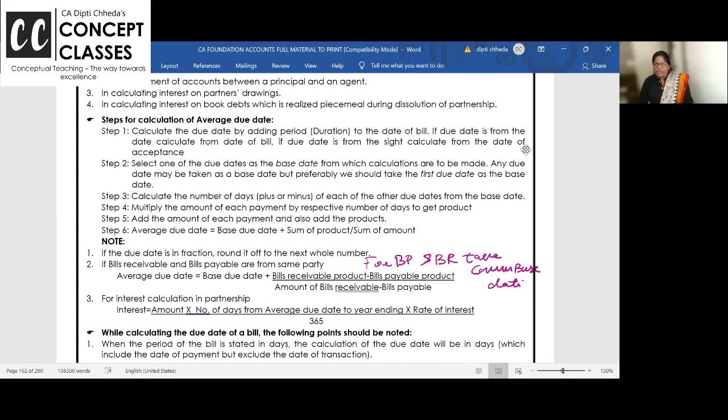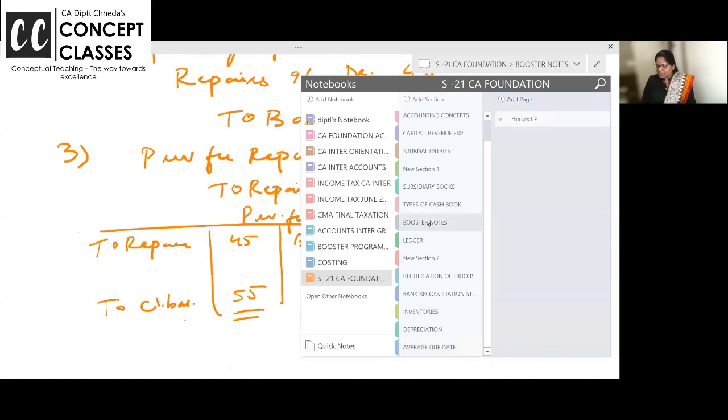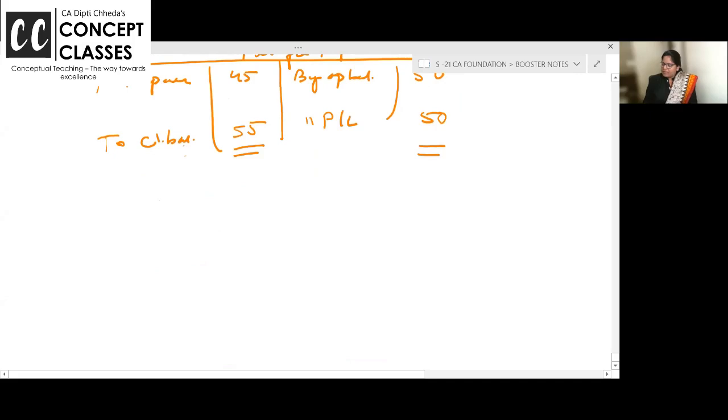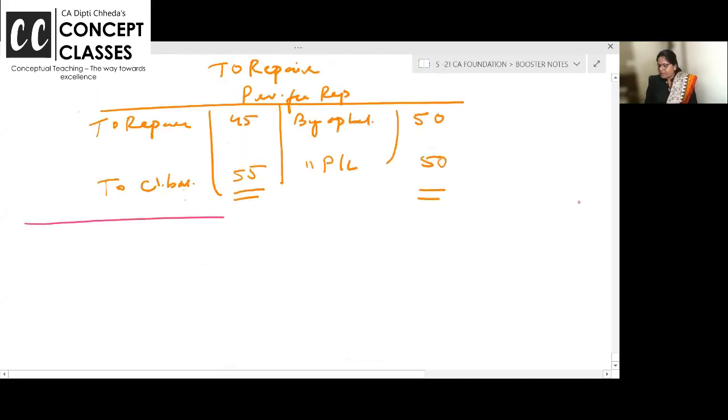Common base date ले लो. ठीक है? All right. Anyone is having any doubt? I think booster notes लिख के लेके जाओ तो ना आप और अच्छे से करोगे sums. Yeah. Write down.